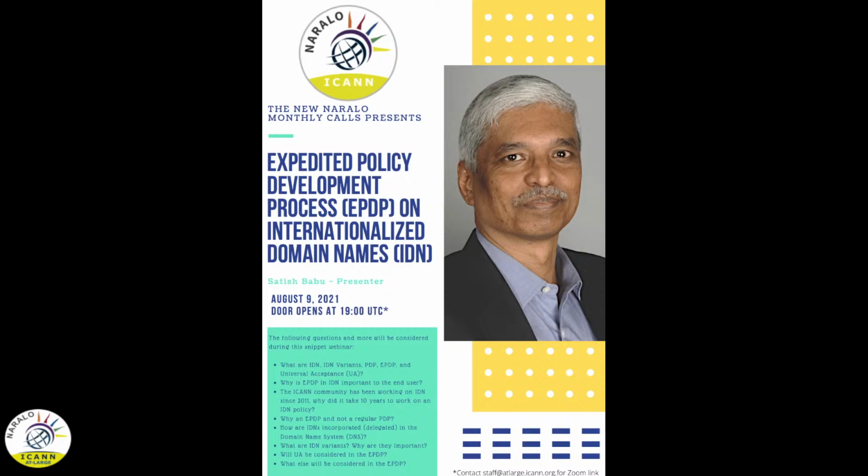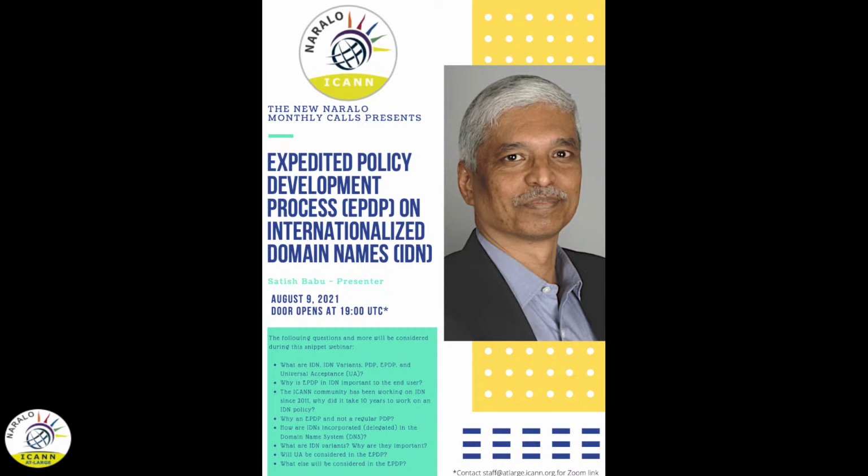There are no direct liaisons between SubPro and this one, but many people are common. For example, our own team consists of Justine, who is very much a part of the SubPro group. So there is overlap of people, but the composition of the group is strictly by constituency and stakeholder group. I'll stop there. If you have any follow-up question, I'll be happy to answer.